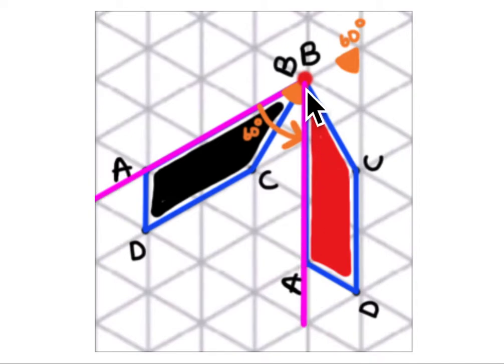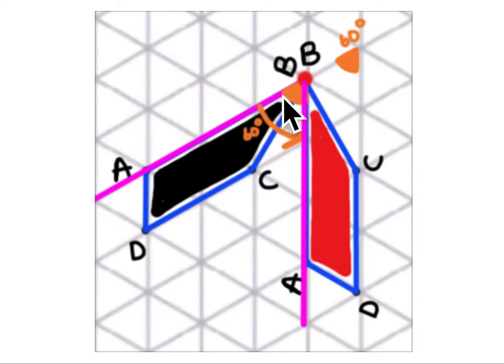B is the center of rotation. To get to C, I'm going to count along the side of the equilateral triangle and then in the direction of rotation. So this is 1 unit and then 1 unit in the direction of rotation. So then you rotate 60 degrees and you count 1 unit and 1 unit in the direction of rotation. So you get to C prime, which should again be labeled C prime.